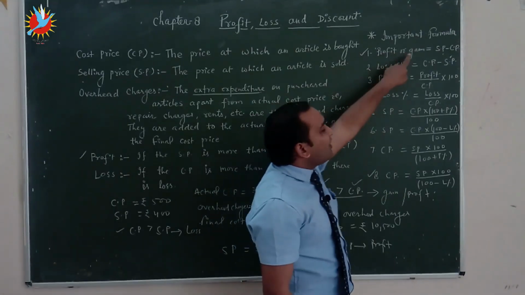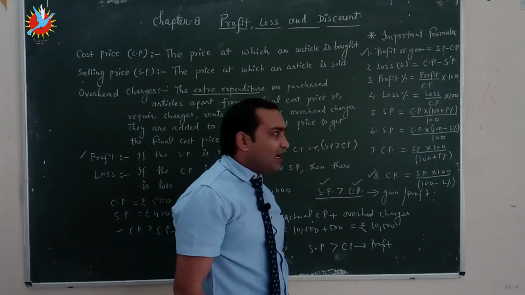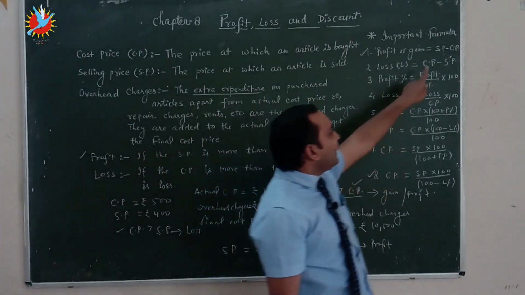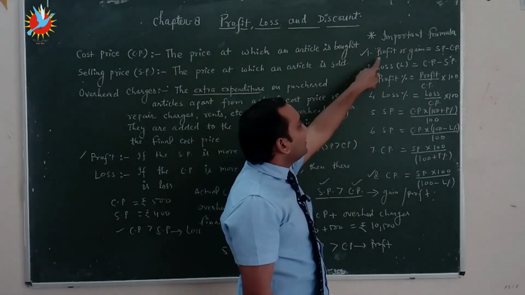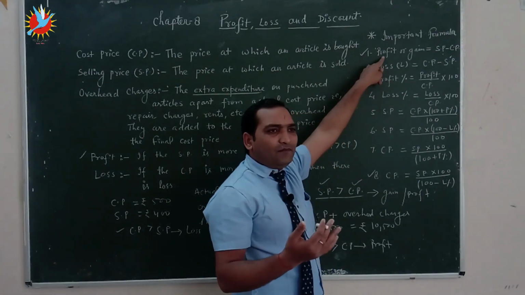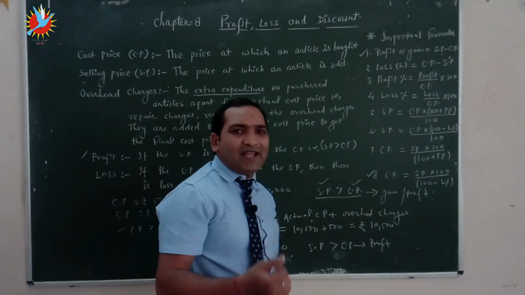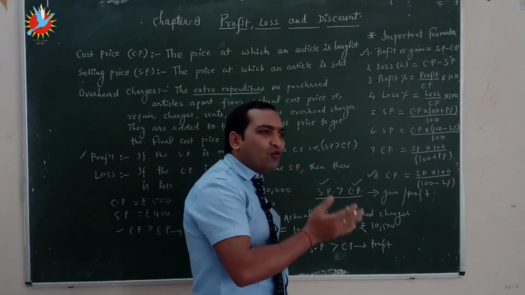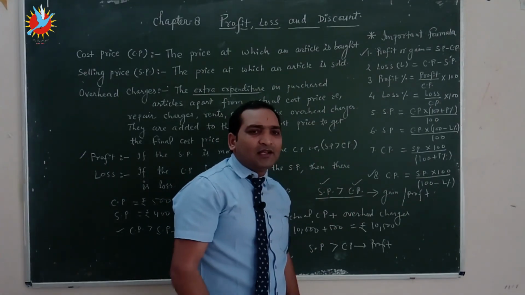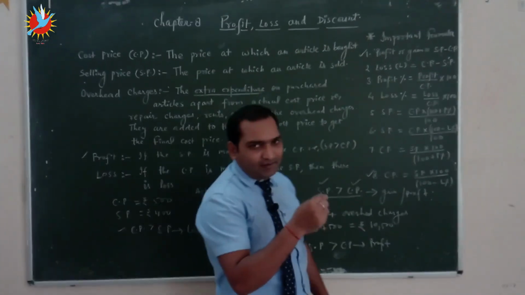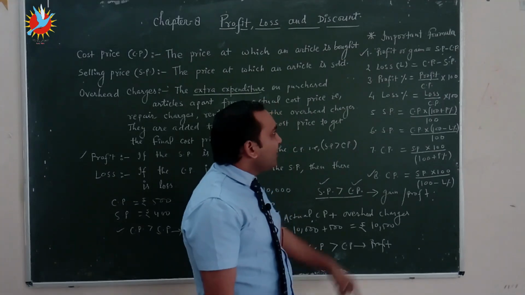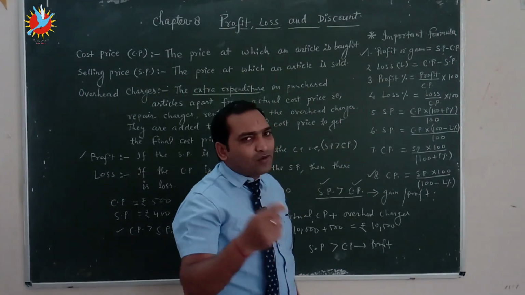So profit or gain, how can we find it? Selling price minus cost price, because profit takes place when the selling price is more than the cost price. Consider we purchase a pen for 10 rupees and sell the pen for 12 rupees.